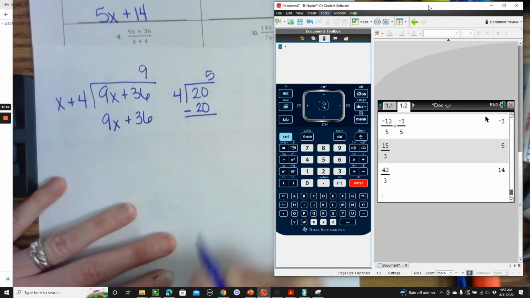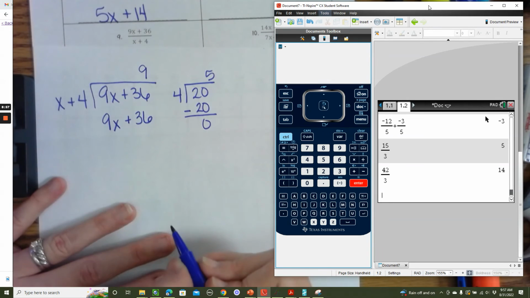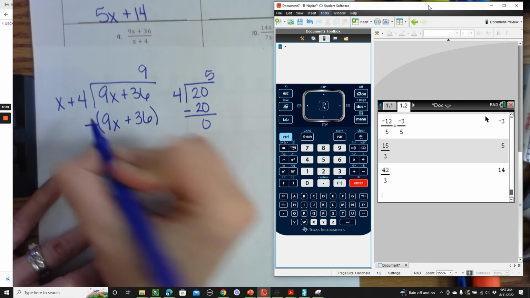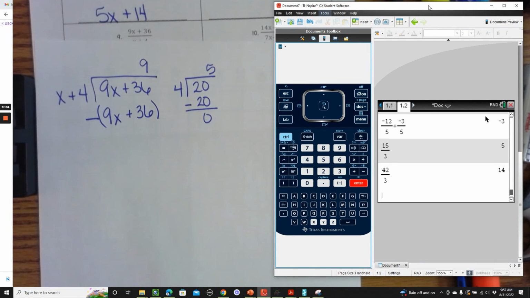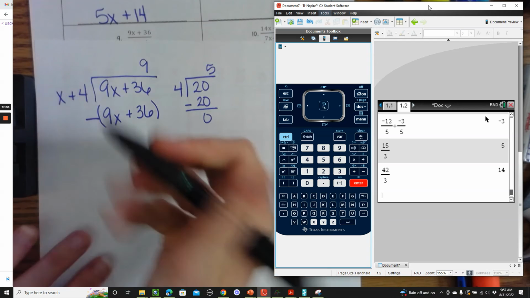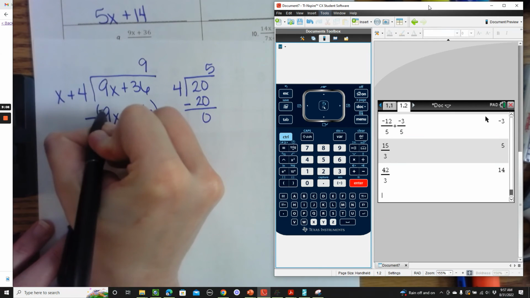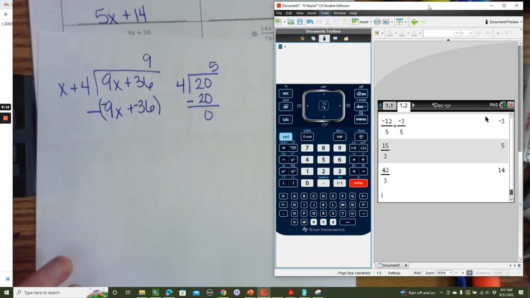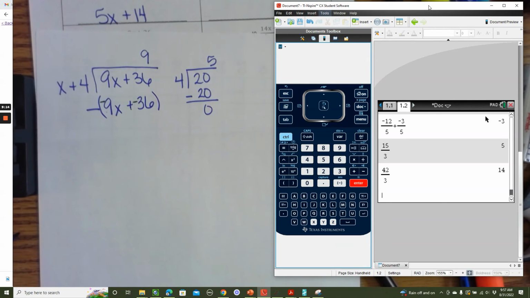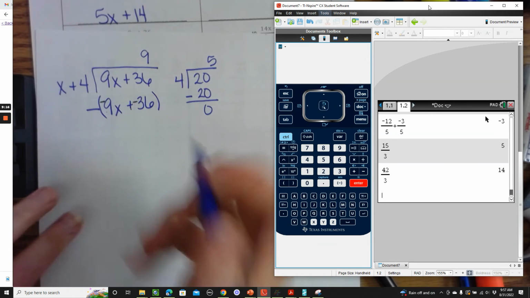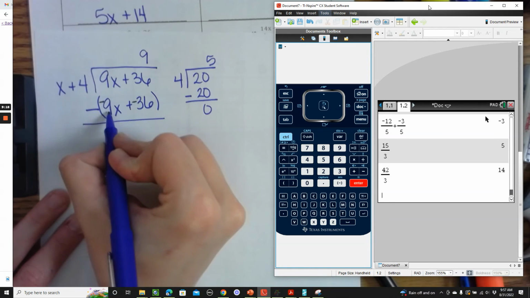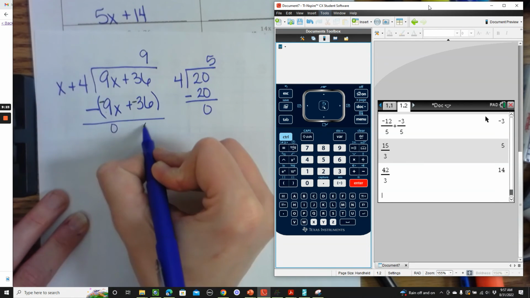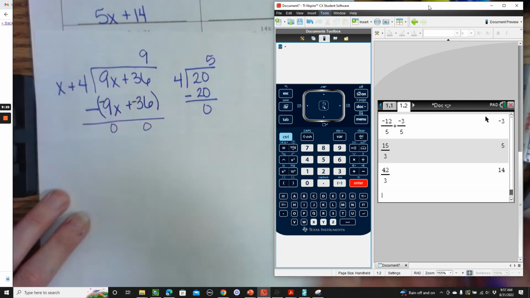And then we subtracted it, right? And you got a 0 here. Well, you have to do the same thing. You have to subtract this. But what that does is it makes the 9x a negative, and it makes the positive 36 a negative. It flips the sign of every piece. 9x minus 9x, 0. 36 minus 36, 0. So my answer is just a 9.